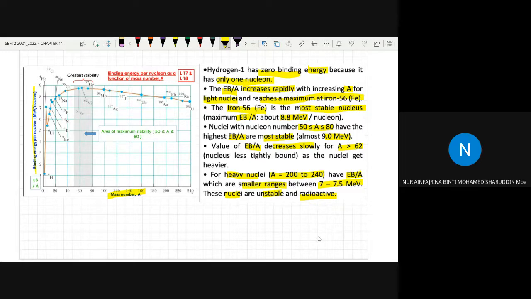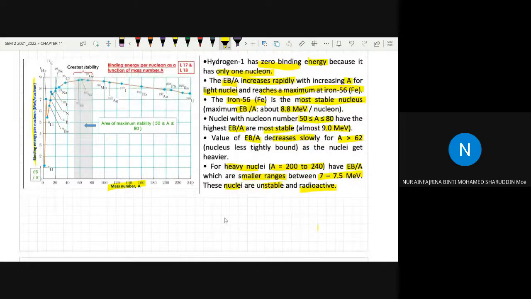Very good. Okay, Miss wants to ask, why does the binding energy per nucleon decrease when your nucleon number is more than 62? Why? Because your nucleus is getting heavier. Okay, so Miss wants to ask, if you have a nucleon number around 200 to 240, your nucleus is unstable and radioactive. Okay, very good. Okay, so radioactive.